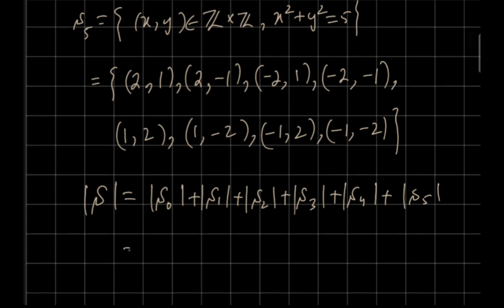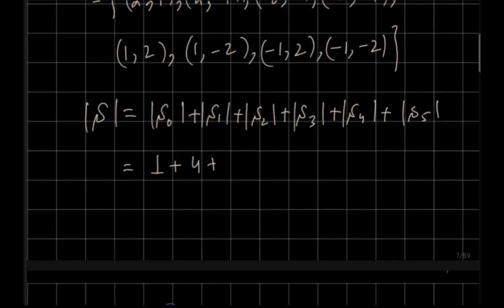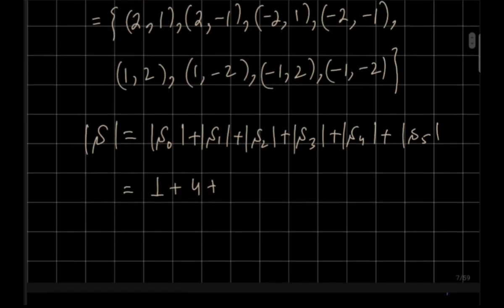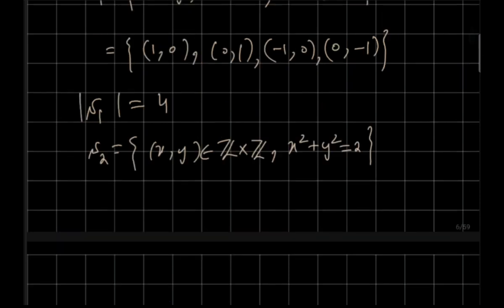I have proved that the cardinality of S0 is 1 and the cardinality of S1 is 4. The cardinality of S2 is not given here, okay, let me find it. In order to find the cardinality of S2, we will have the ordered pairs in Z cross Z such that the sum of their squares is 2.